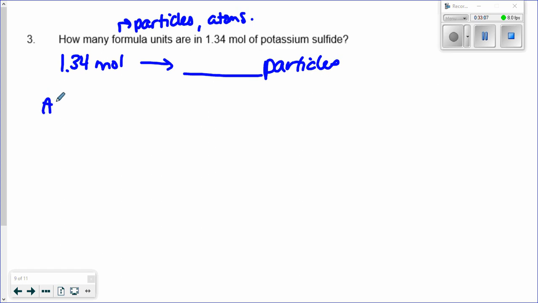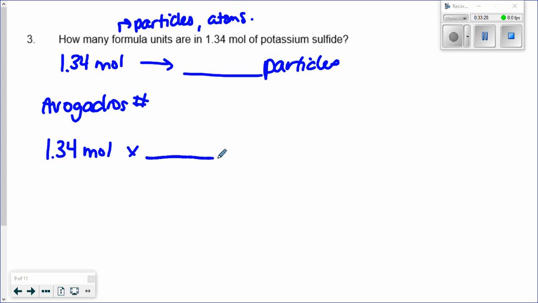So in this case, we need to use Avogadro's number. Again, we start with what you're given information about. So 1.34 moles of potassium sulfide multiplied by our conversion factor. Avogadro's number is our conversion factor.